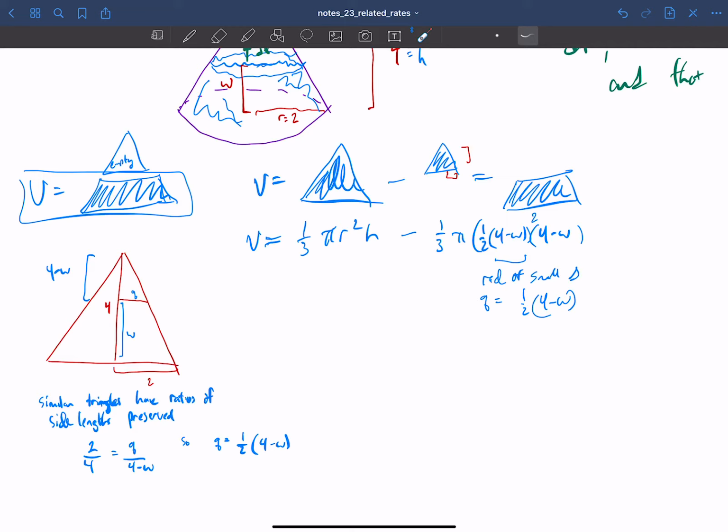Furthermore, one thing to notice is that as w goes to 4, this 4 minus w here goes to 0, and I'm just left over with the volume of the full conic space. Let's go ahead and substitute in our actual values. I know that r is 2. I know that h is equal to 4.